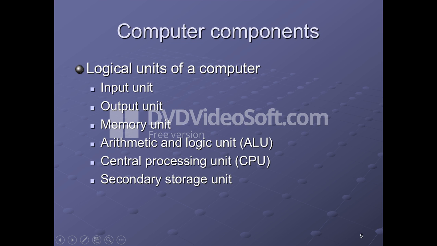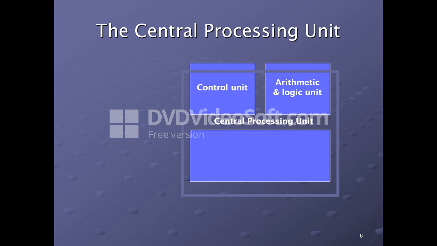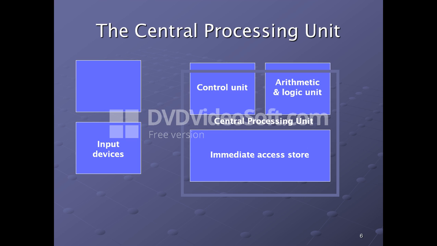Now the central processing unit. We have the control unit, arithmetic logic unit, and immediate access storage, and also the input and output devices. And backing storage means the hard disks, CDs, DVDs, right?